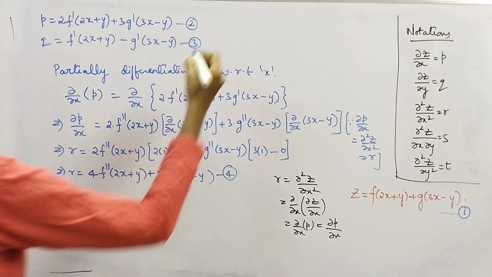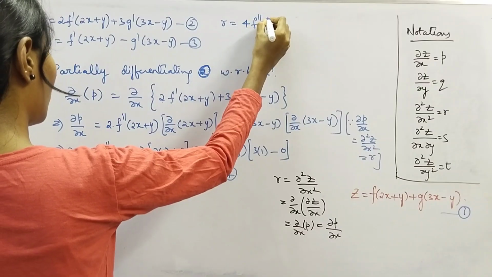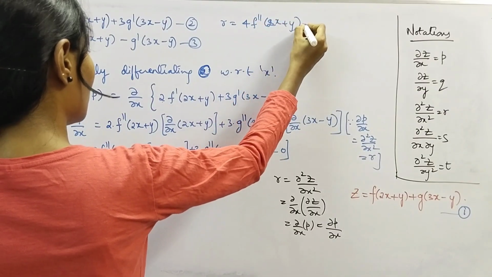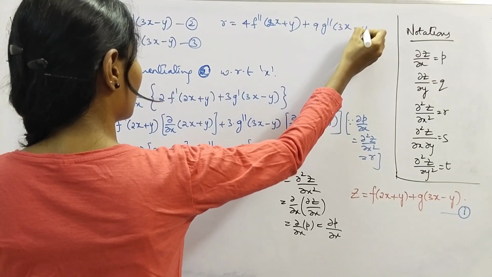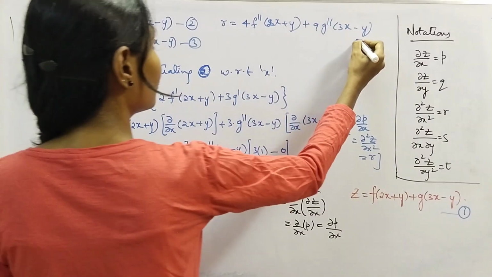Right, we got the equation involving r, that is r equal to 4f'' plus 9g'', which is our equation number 4.